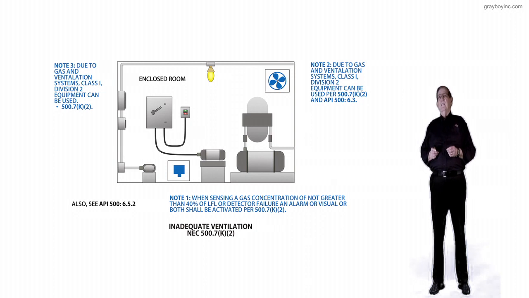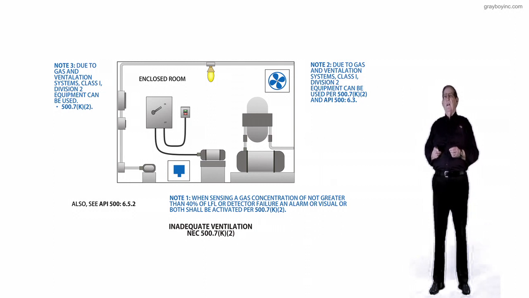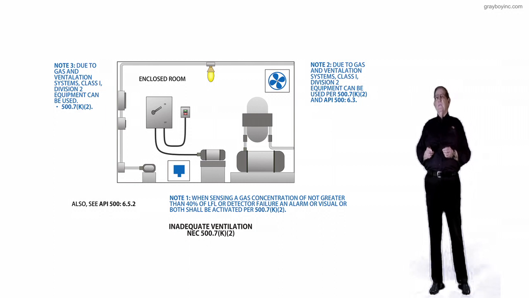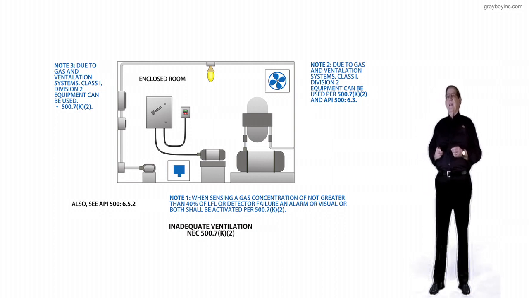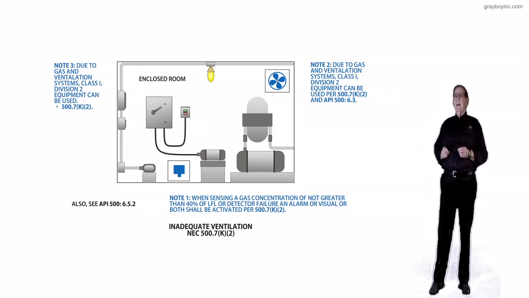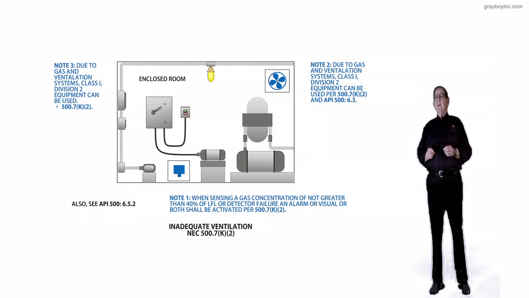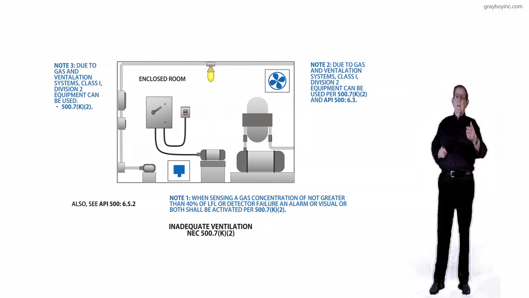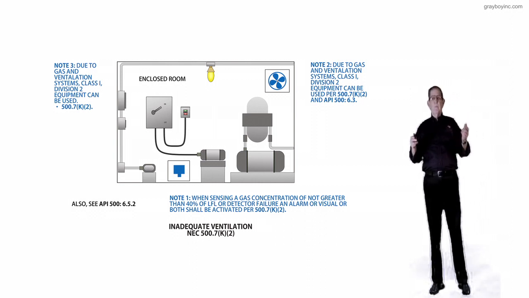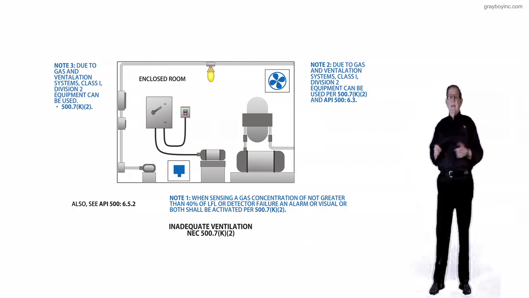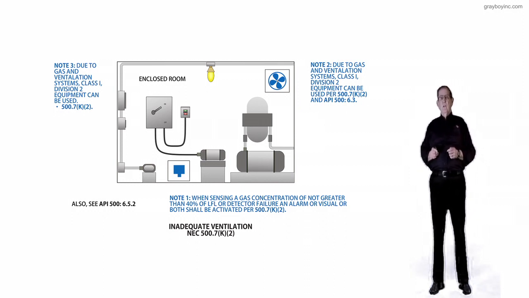Now, next, our ventilation: if it was a chemical facility, we'd go to NFPA 497, 5.5, items 1 and 2, to determine the ventilation based upon the gas or vapor type and so on.